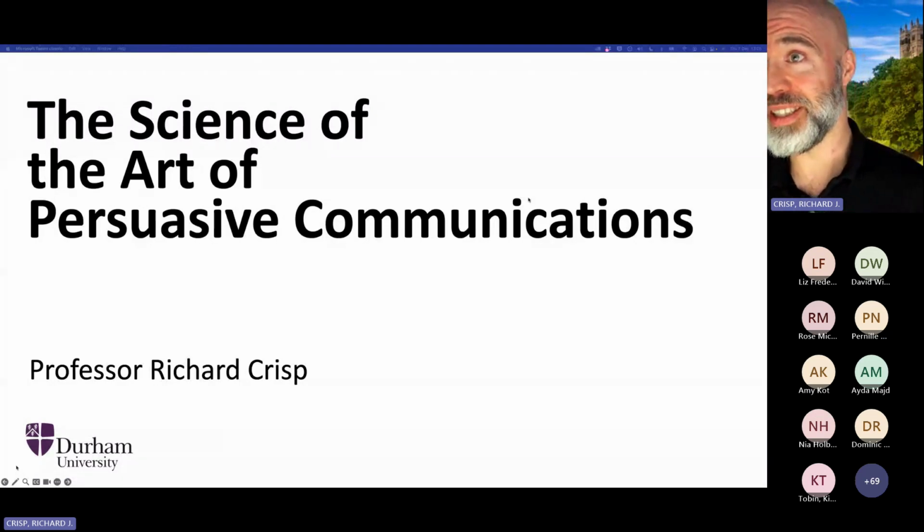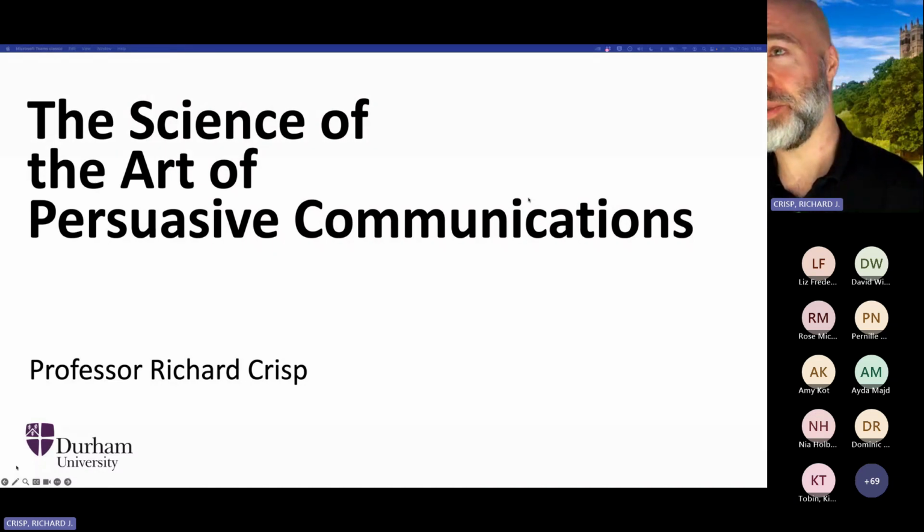I even had a chance to apply these things to my own organisation last year as Deputy Vice Chancellor and Provost. That was one of my responsibilities, internal and external communications.